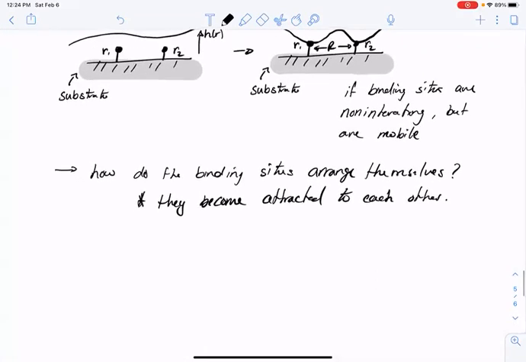This is a very general sort of phenomenon. Anytime you constrain a field, you will generate effective interactions between those particles or substrates that are imposing those constraints.